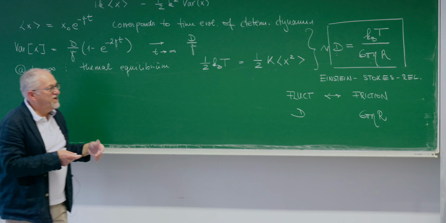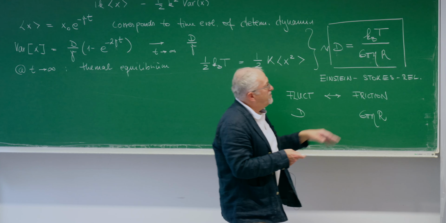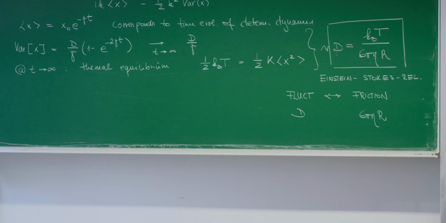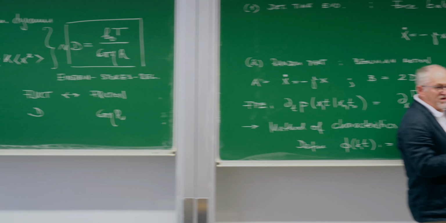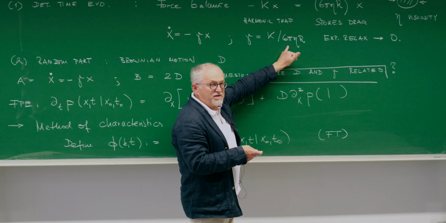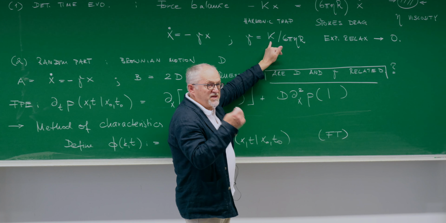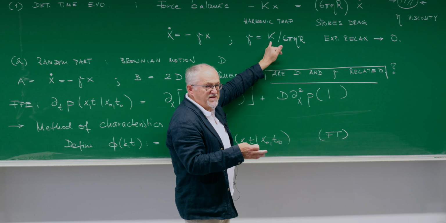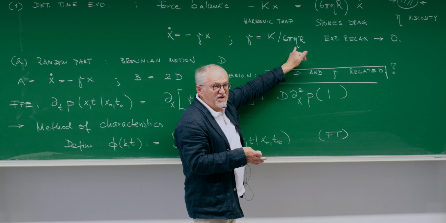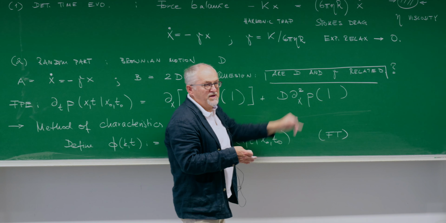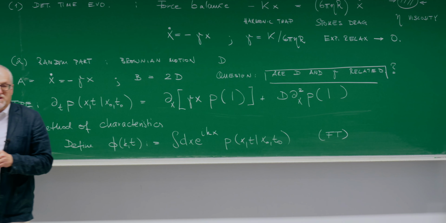It's given by the friction coefficient, and this gamma is related to the stiffness of the harmonic potential and the friction. So you can make the rate of going to equilibrium faster by tuning the stiffness of your potential and by tuning the friction coefficient of your medium. That's what determines the time scale.